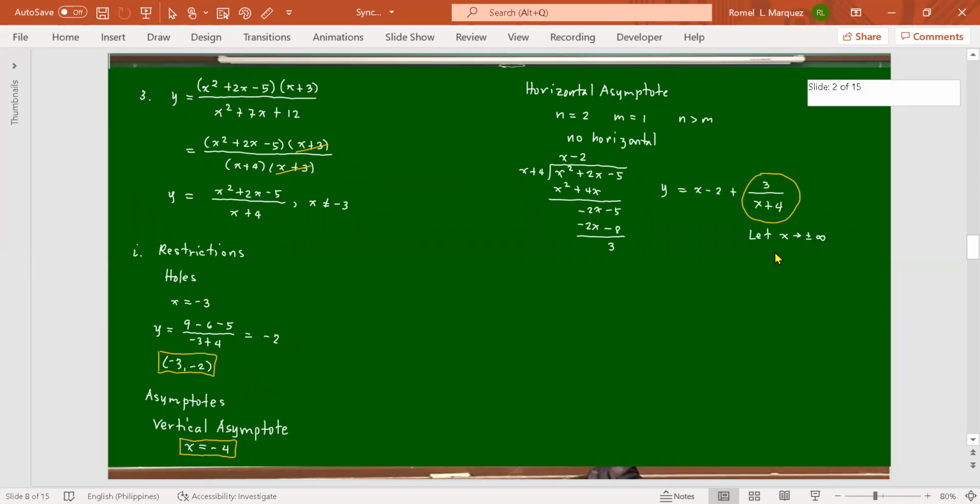So ano mangyayari sa denominator? Ang 3 over x plus 4 mag-a-approach saan, children? Sa 0. Am I correct, guys? So ang value ng y ay mag-a-approach saan? Sa x minus 2. Therefore, ang ating slant asymptote is x minus 2. Ito yung slant asymptote. Am I correct, children?